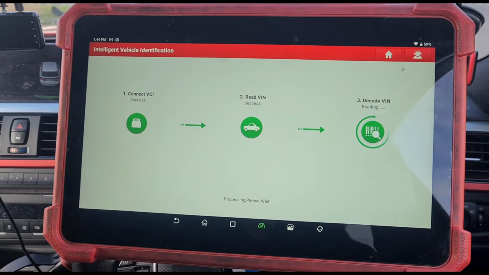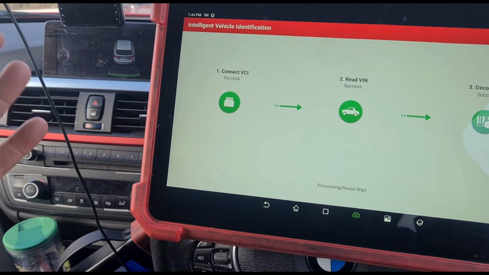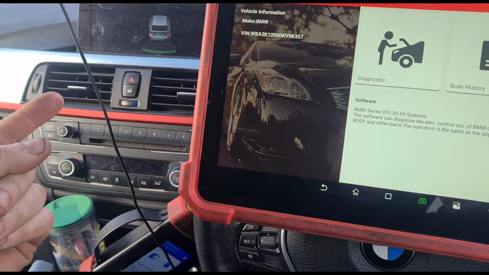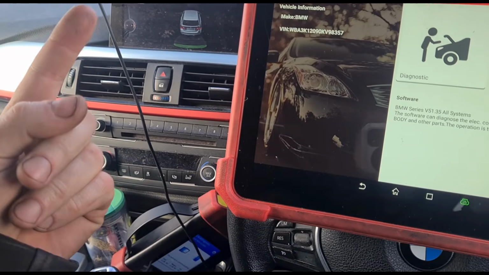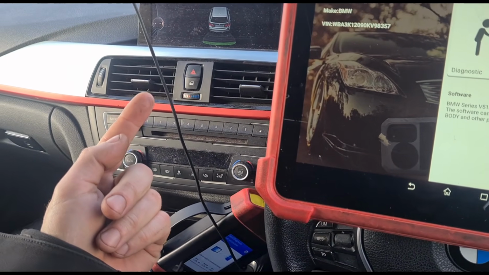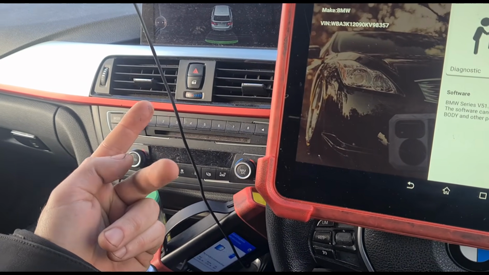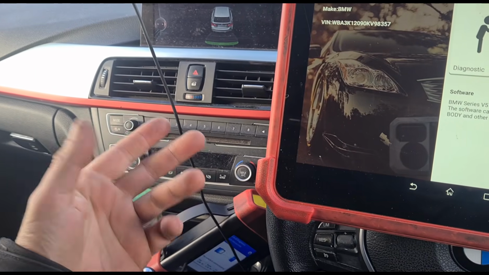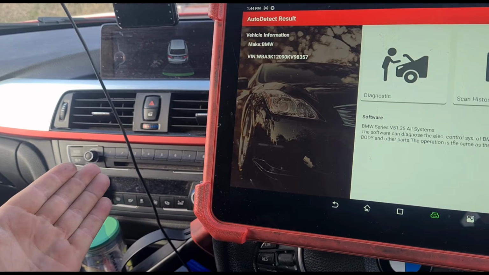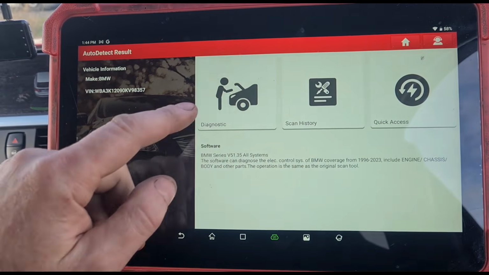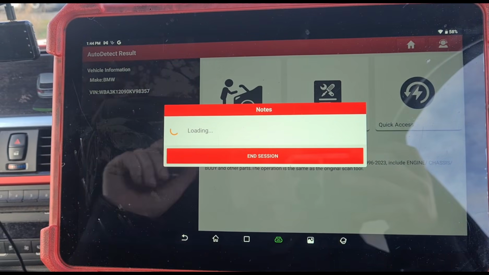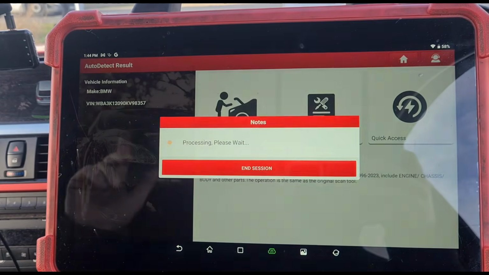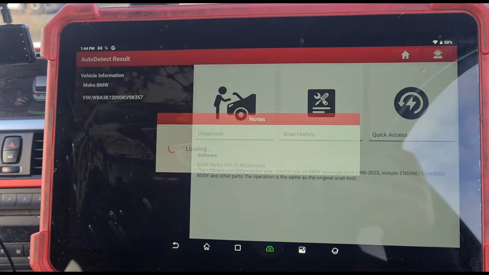So again, this has had a long story behind it, a long history of what's going on. DPF clean's done. It's had a couple of different pipes replaced, boost hoses. It's had the intake manifold replaced, yet he still keeps getting an air loss code.